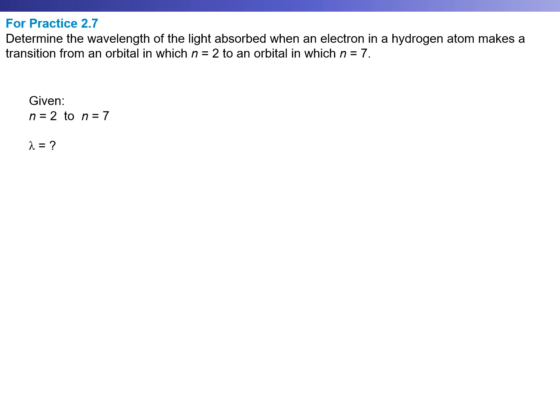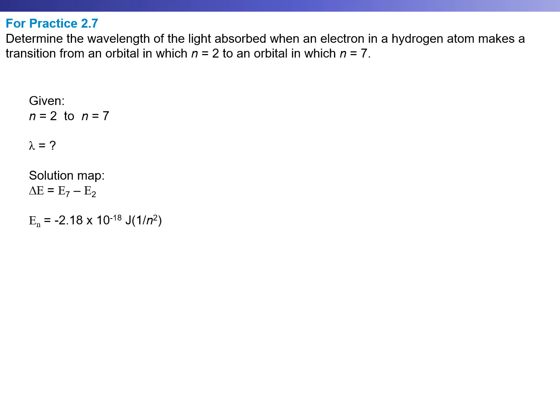So how are we going to do this? One thing we need to do is calculate the change in energy, and we'll follow this equation right here. The change in energy that the electron underwent is the difference between the energy of the electron in the 7th orbital less that from the 2nd orbital. Now, how do we calculate those two energies?